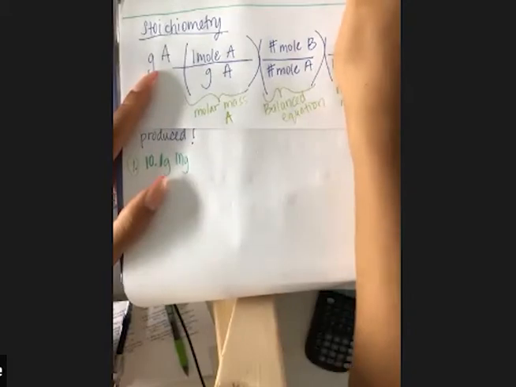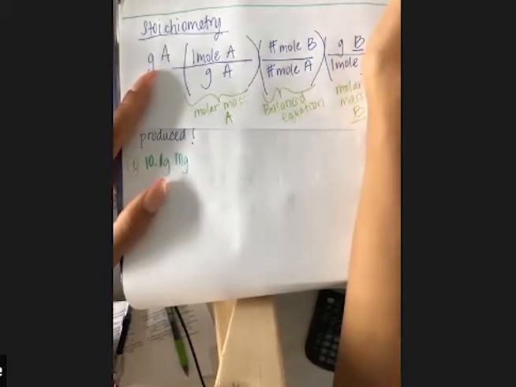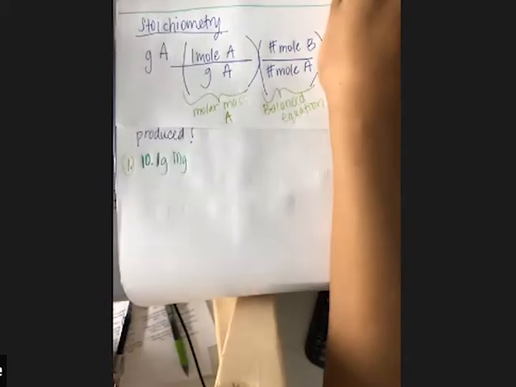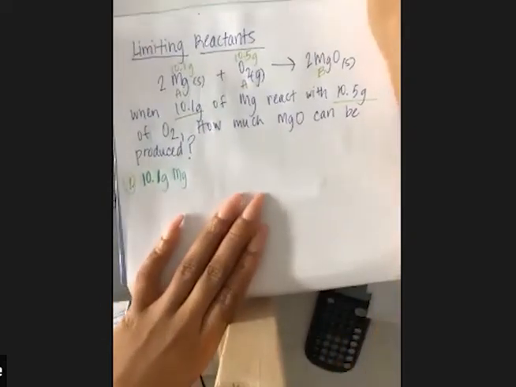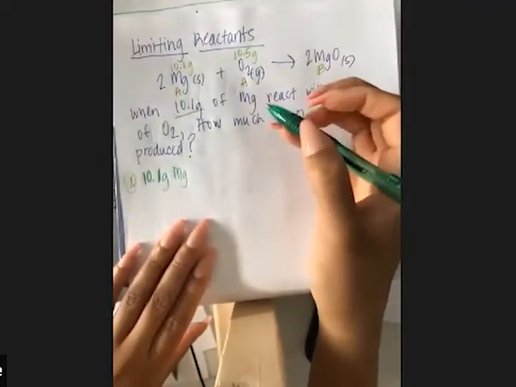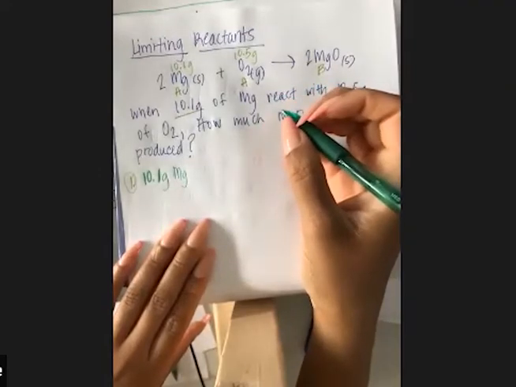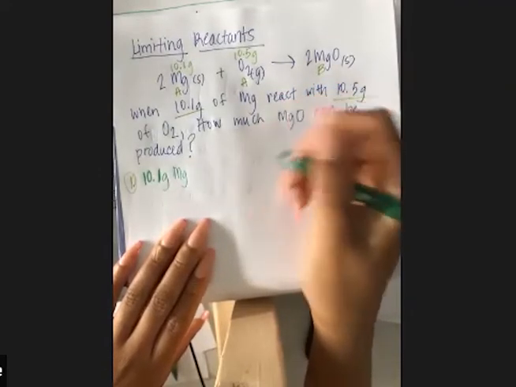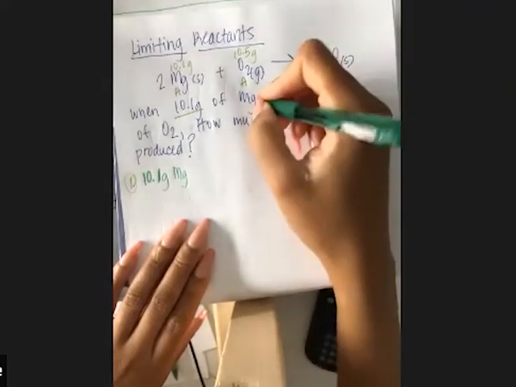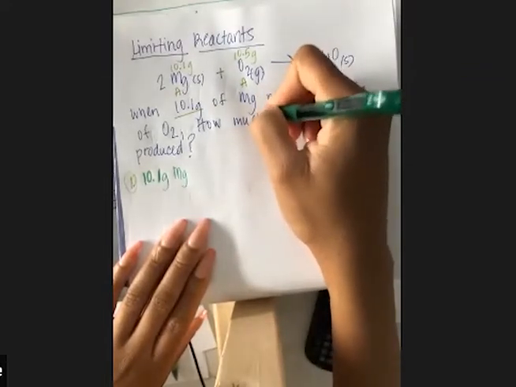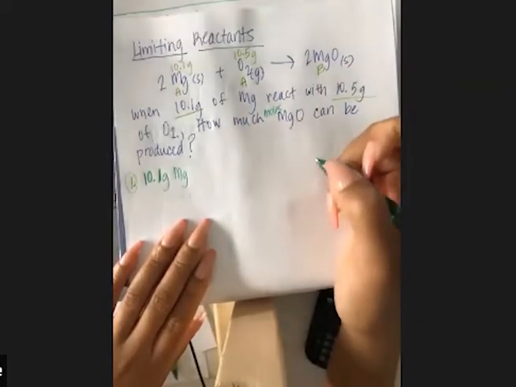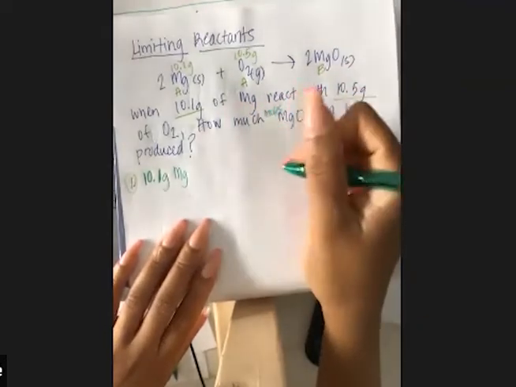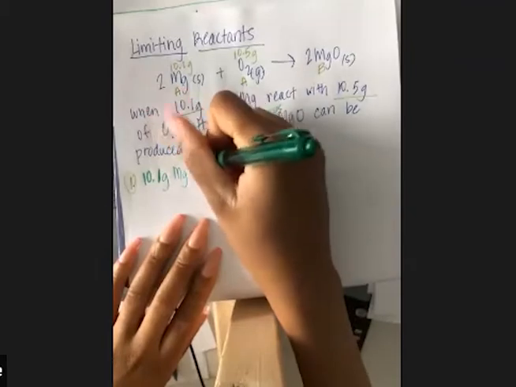But to figure out which one gives the least amount of product, I can always stop at moles of B. In this case, I'm just going to stop at moles of B because that's all it's trying to figure out, how much magnesium oxide I can make. It doesn't specifically say how much in moles, so I'll say how many moles of magnesium oxide.